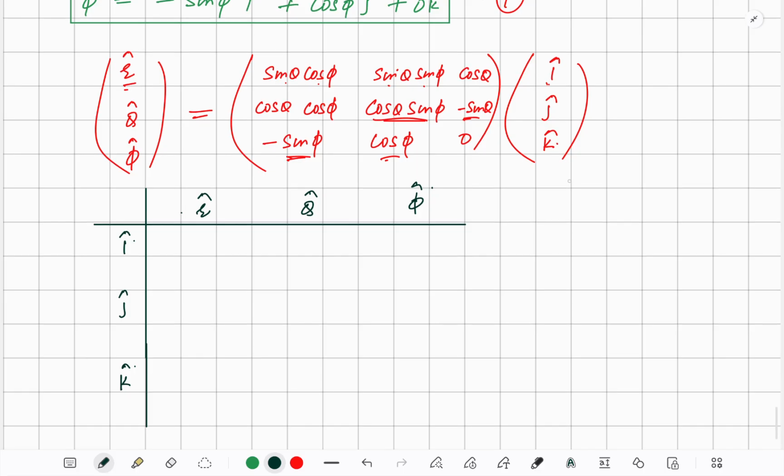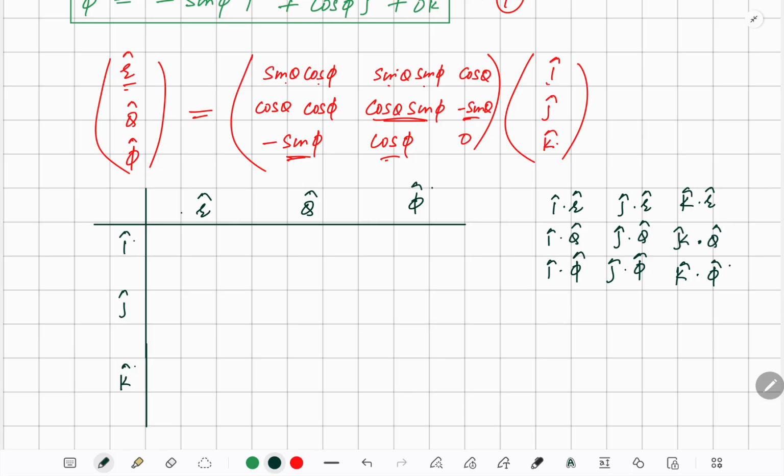So basically what we are going to find: i dot r cap, i dot theta cap, i dot phi cap, j dot r cap, j dot theta cap, j dot phi cap, and then k dot r cap, k cap dot theta cap, and k cap dot phi cap. We are going to use this.